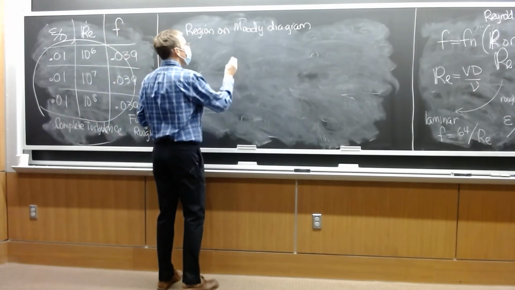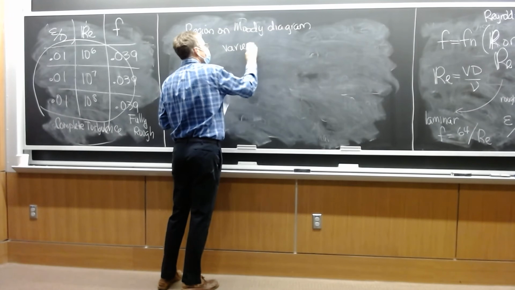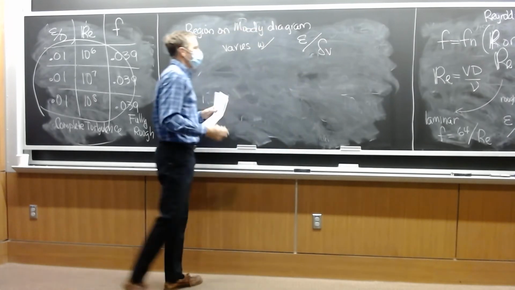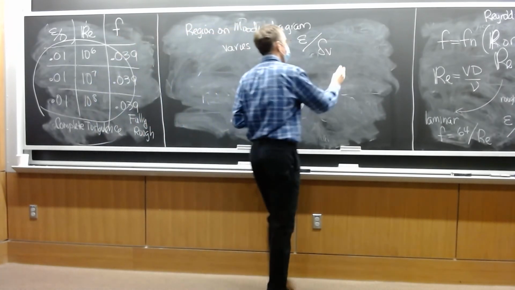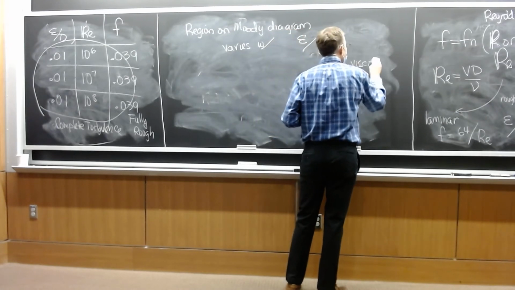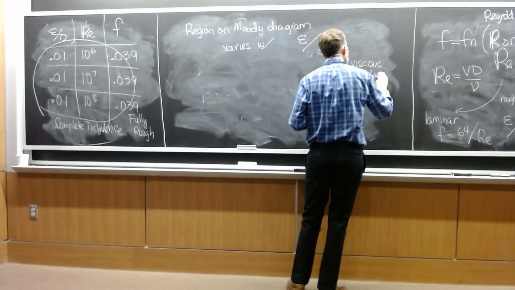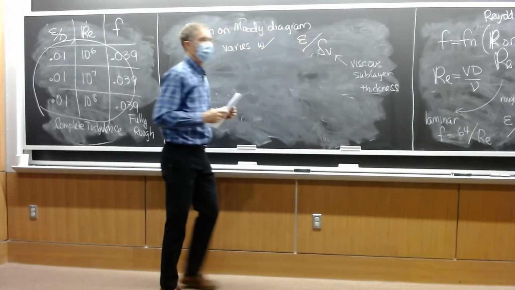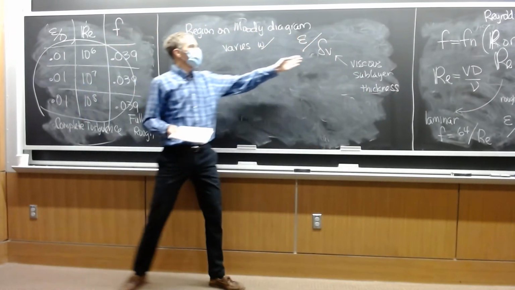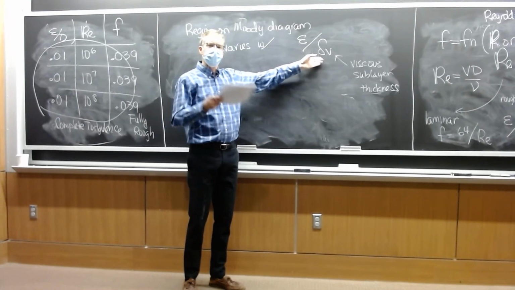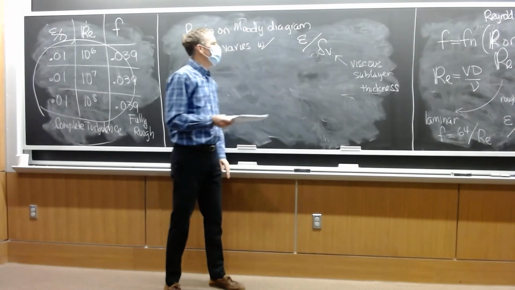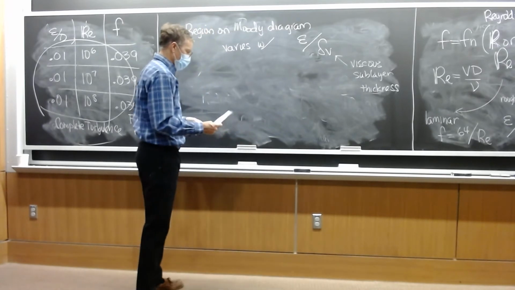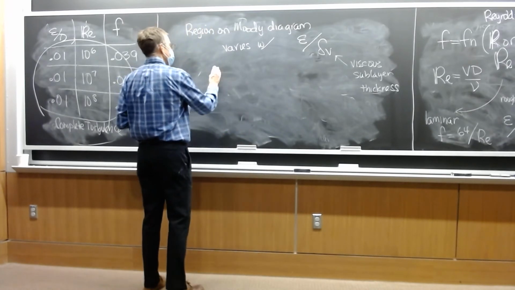What we want is this ratio, and I'm going to start off with an equation for this length scale, and then go from there to show a picture of how this viscous sublayer thickness is operating inside the pipe. First, let's get an equation for it.